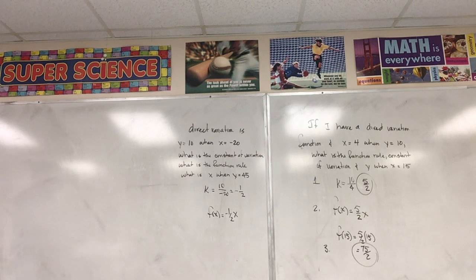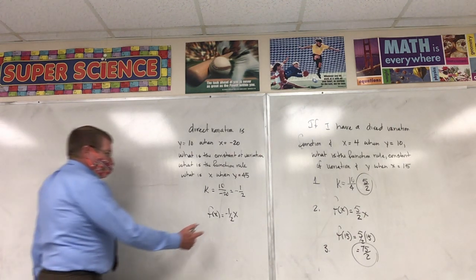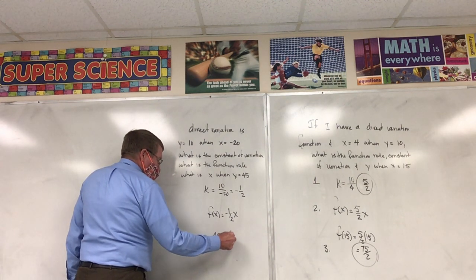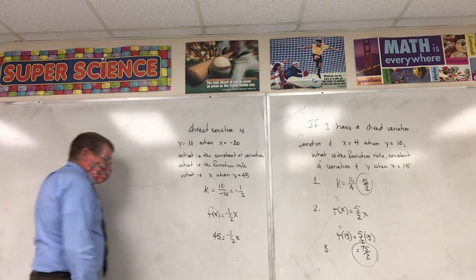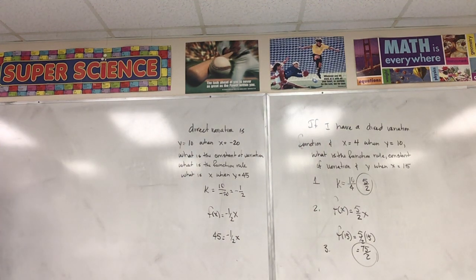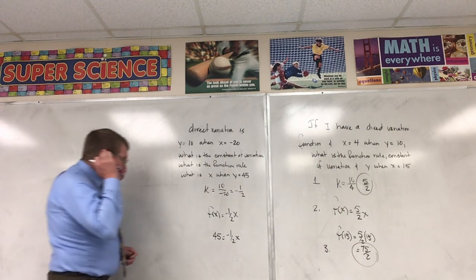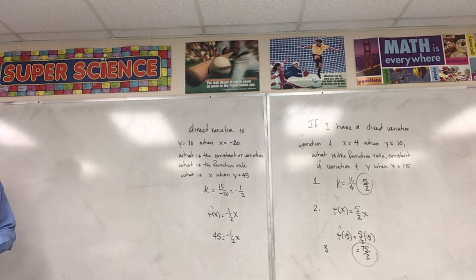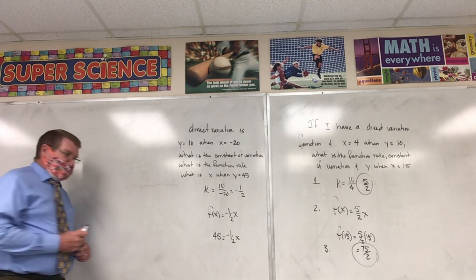And then lastly, what is x when y equals 45? Well, I'm going to use my function rule. 45 goes in for f of x, negative 1/2 x. How do I get rid of the negative 1/2? Divide it off. Or another way we can do it is to multiply everything by negative 2.